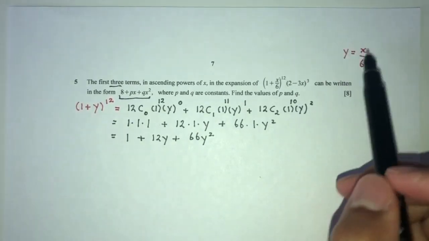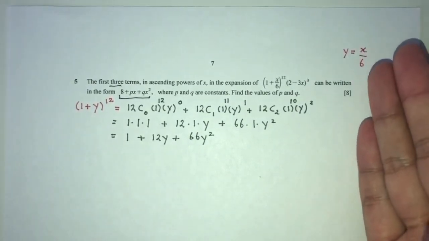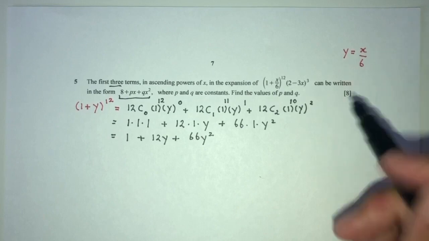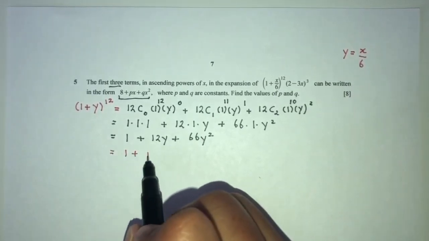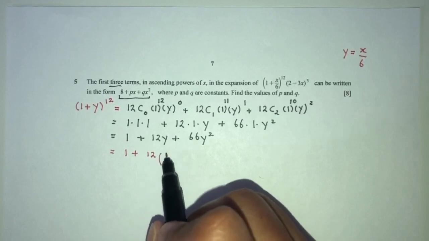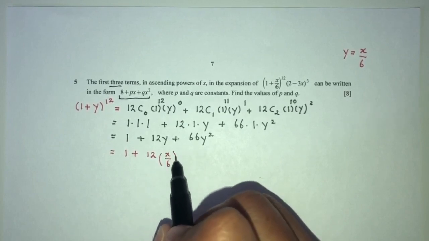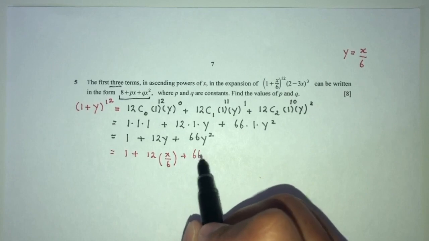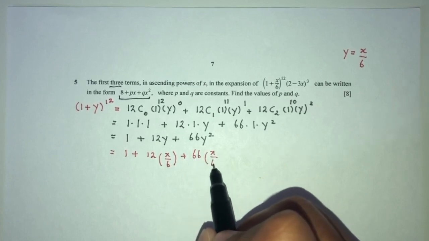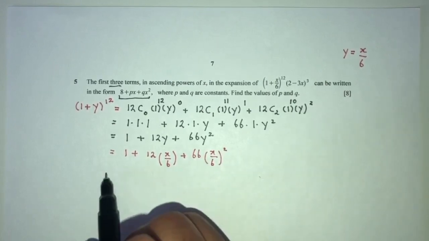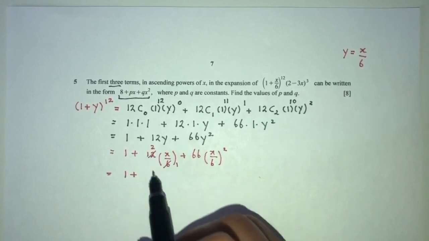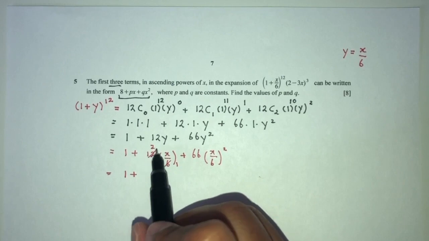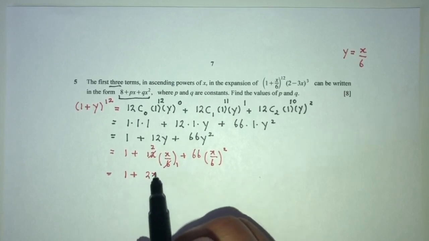Obviously, we can replace it back by our initial replacement. We know y is actually equal to this, so let's bring this back. That will be 1 plus 12, y is actually x over 6. Plus 66 x over 6 squared. Simplify. 1 plus, this will go away. This will be 2, right? So 6 times 2 is 12, so 2 remaining. x plus what?